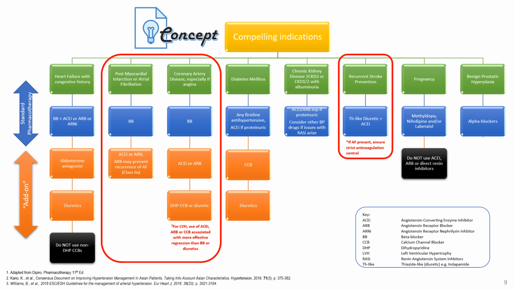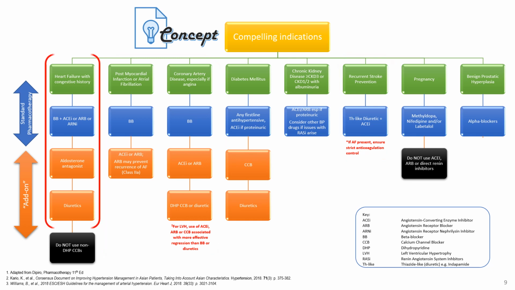So in stroke, for example, thiazide-like diuretics as well as ACE inhibitors have been shown to have morbidity and mortality benefits, and therefore these two agents are considered first line with respect to choice of antihypertensives. In your subsequent weeks, you'll be covering atrial fibrillation as well as heart failure, and so I shall not belabor the point here nor give the thunder away.